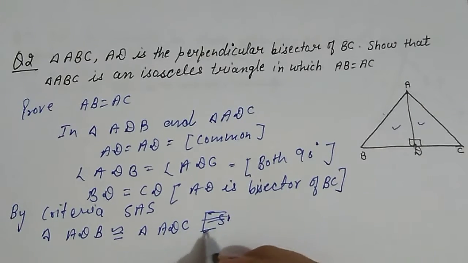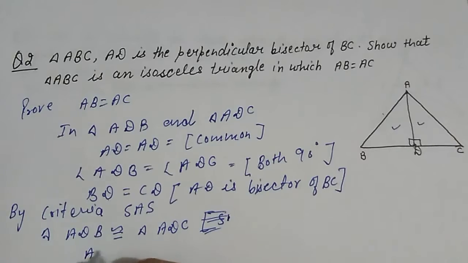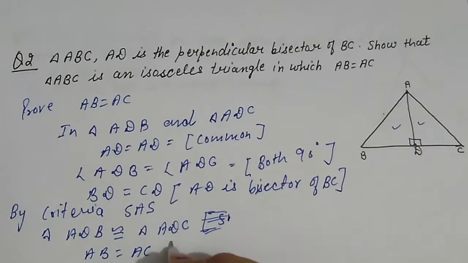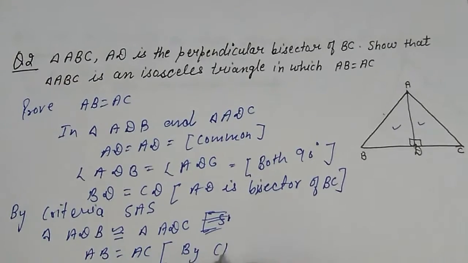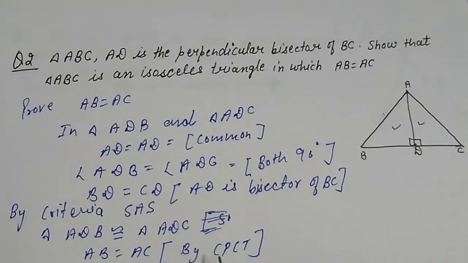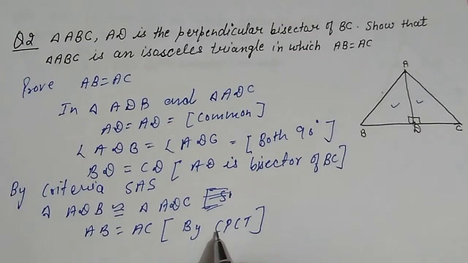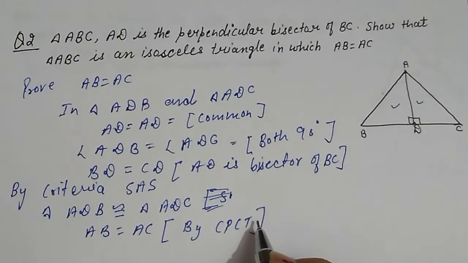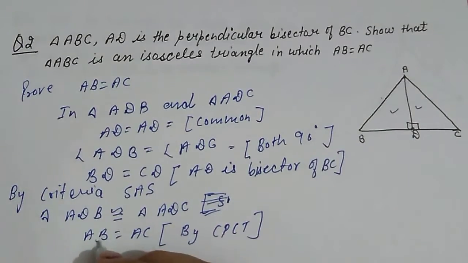So AB is equal to AC by CPCT, corresponding parts of congruent triangles.